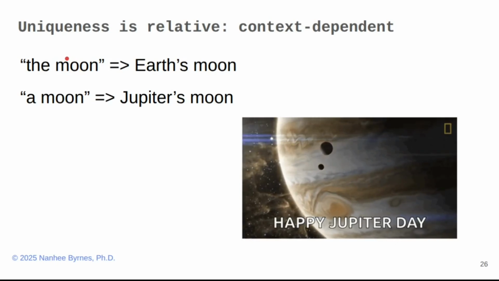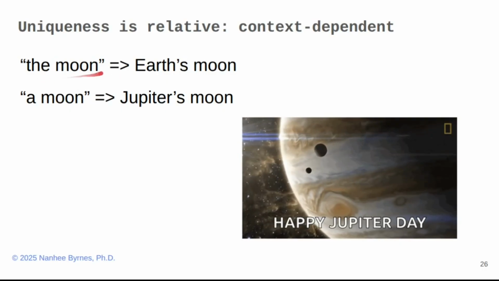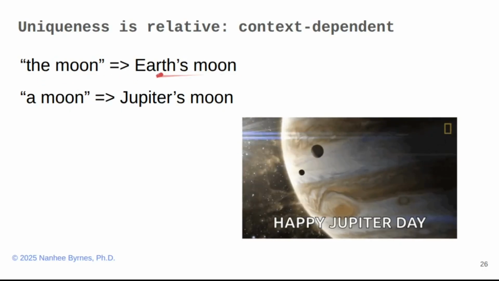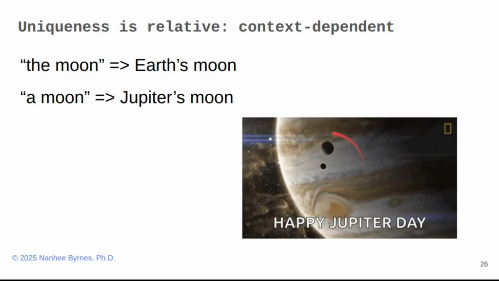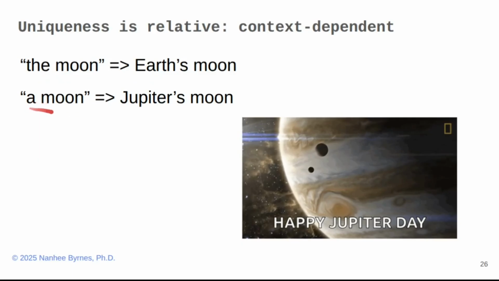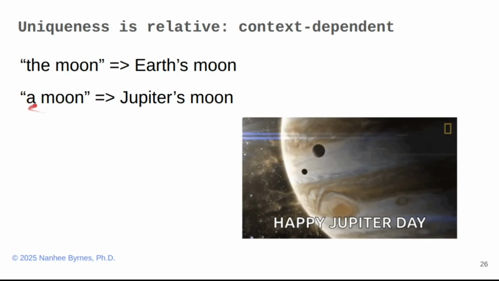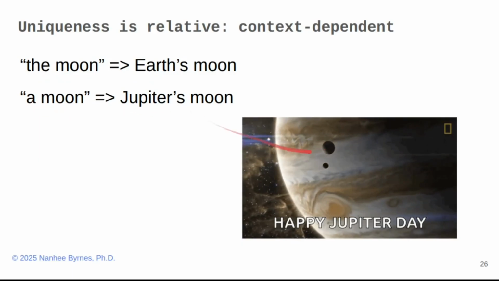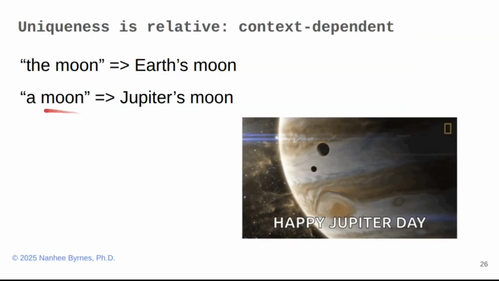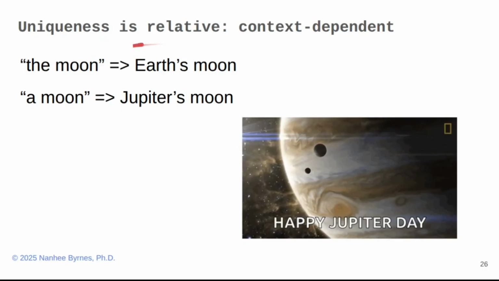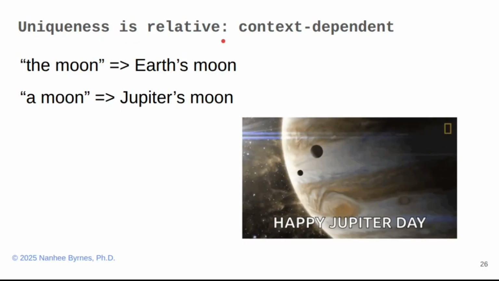However, uniqueness depends on context. For example, if you were talking about astronomy, the moon might refer to Earth's moon, but other planets like Jupiter have many moons. In that case, a moon would make more sense because it's one of several. So, the depends on what's considered unique or identifiable within that situation.